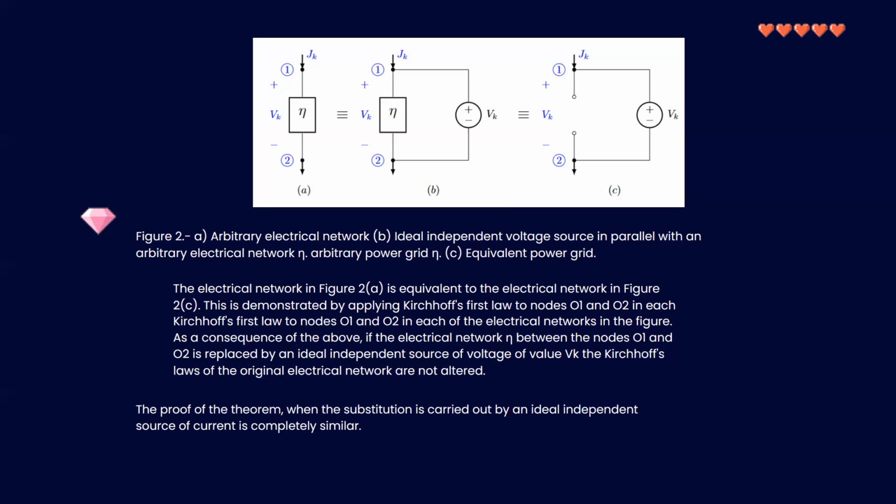As a consequence of the above, if the electrical network N between nodes 1 and 2 is replaced by an ideal independent source of voltage of value Vk, the Kirchhoff laws of the original electrical network are not altered. The proof of the theorem, when the substitution is carried out by an ideal independent source of current, is completely similar.